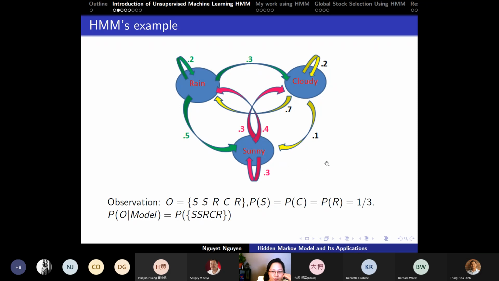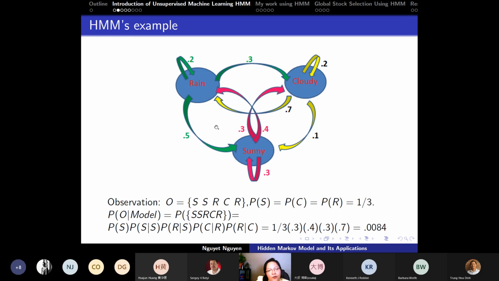After you have this, you can calculate the probability of observing a sequence of events like this for the weather. Because this model follows the Markov chain process, it is memoryless. That means the probability of tomorrow depends only on today, right?